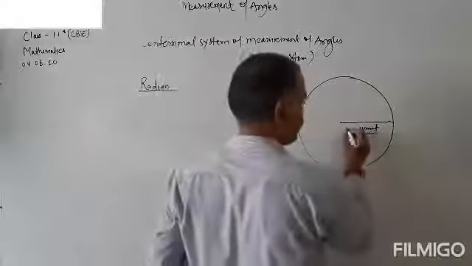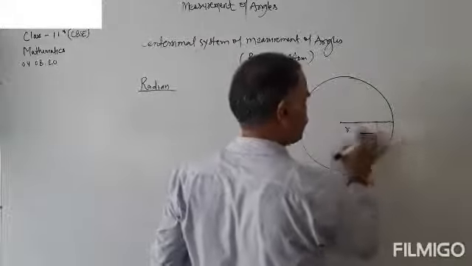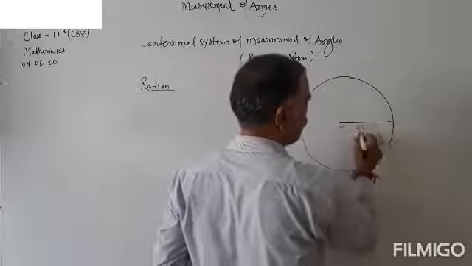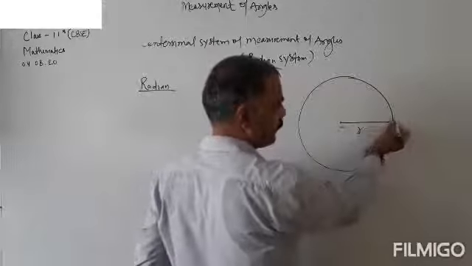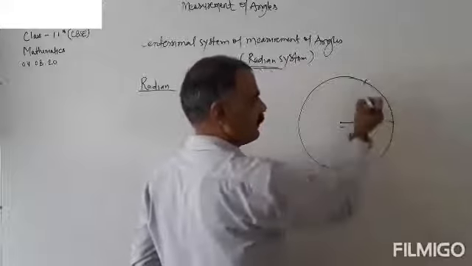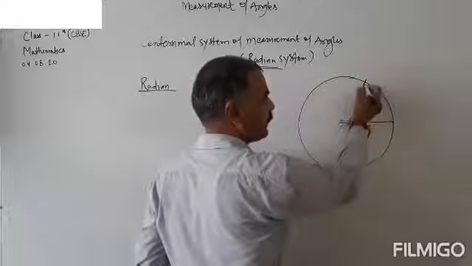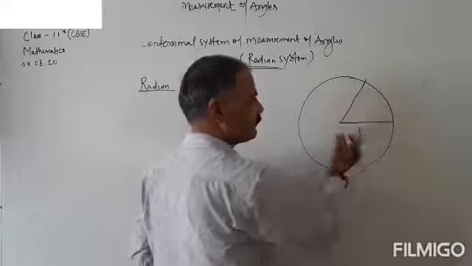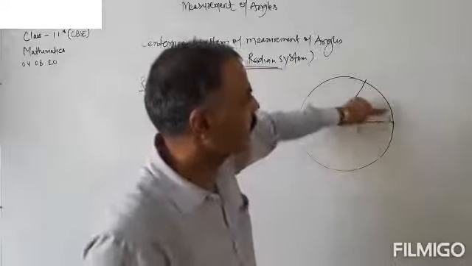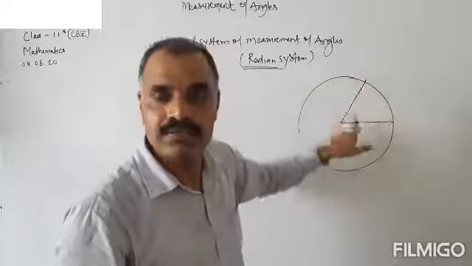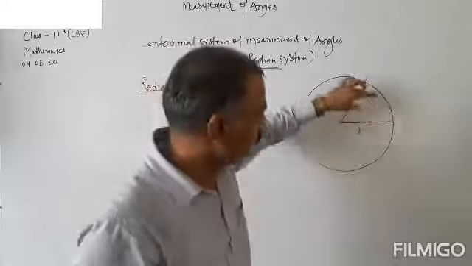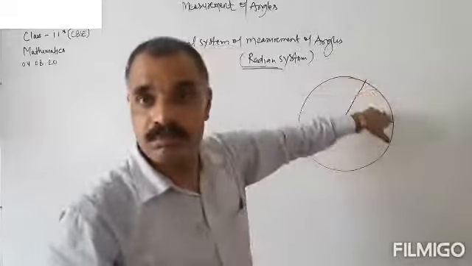Let the radius be r. Now the angle subtended by the arc of length r at the center.